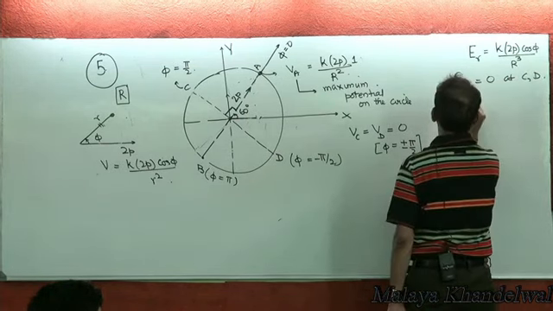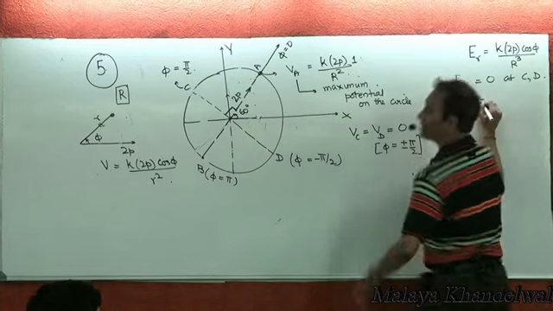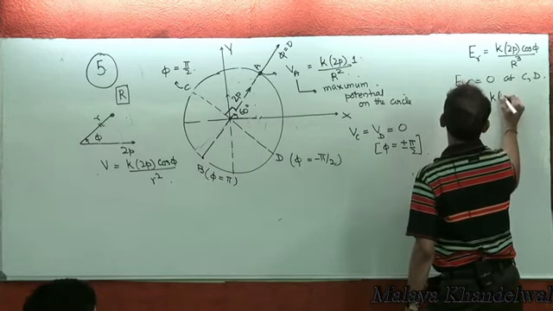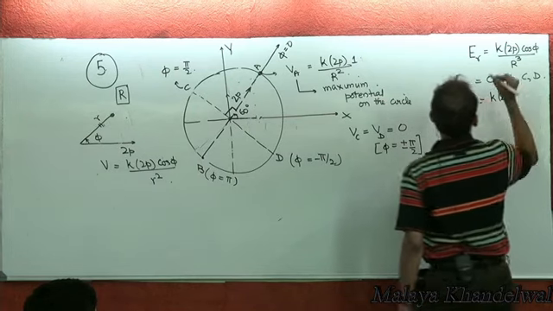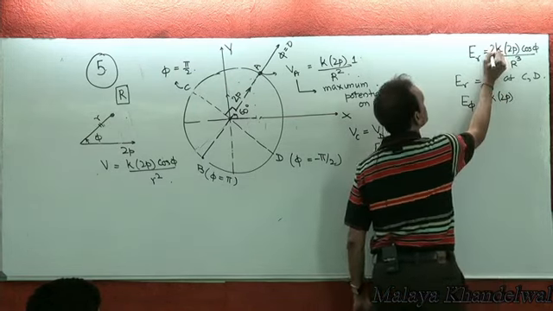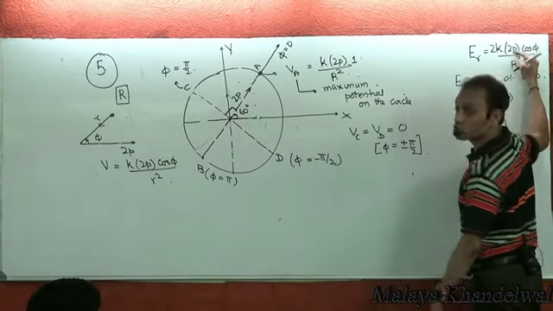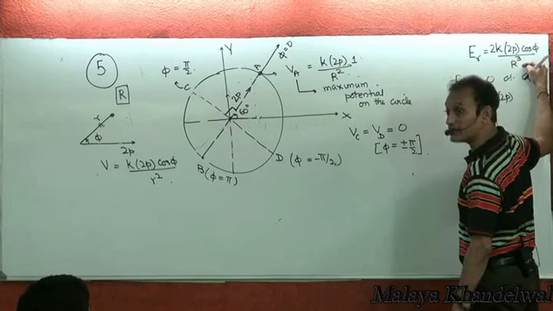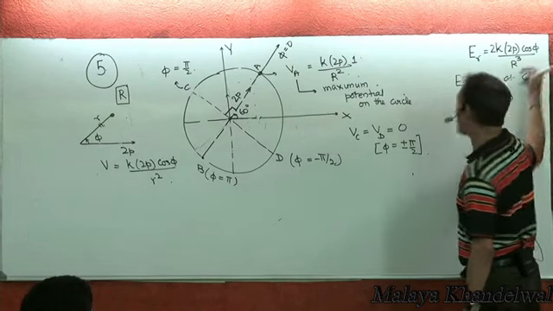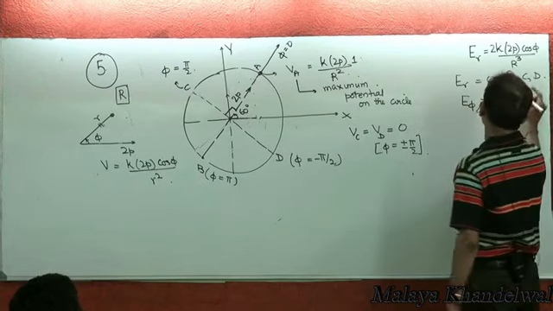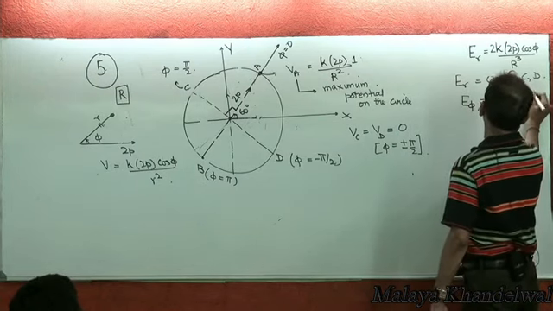Now, what gives me E phi? E phi, that means the tangential component of the electric field, is going to be K times p sin phi by r cubed.